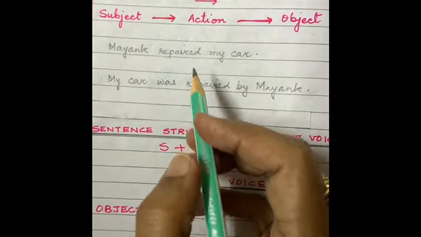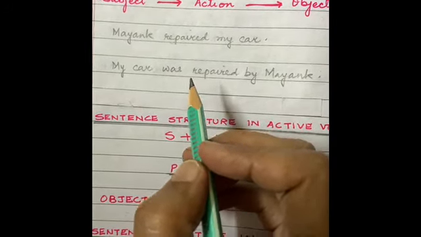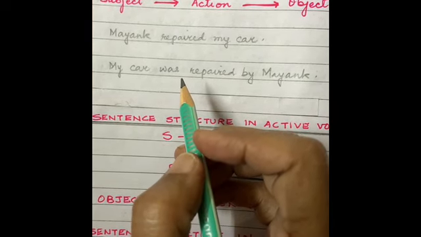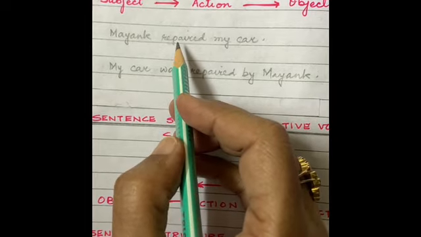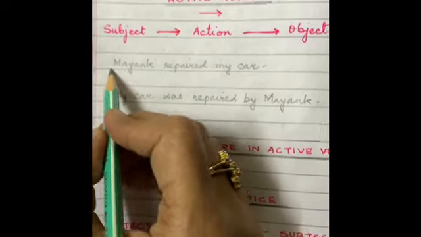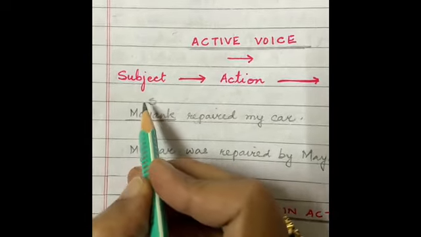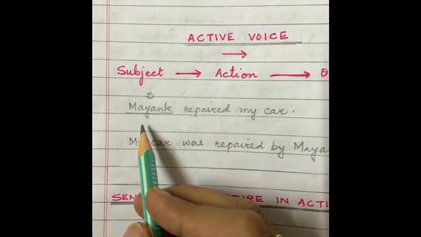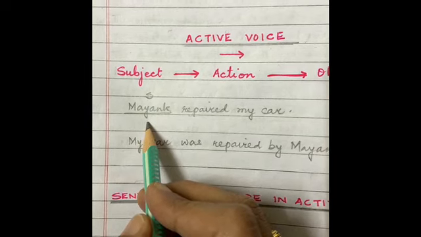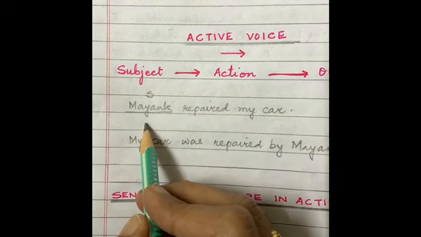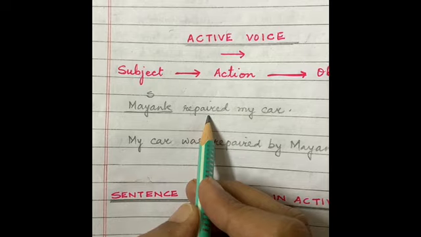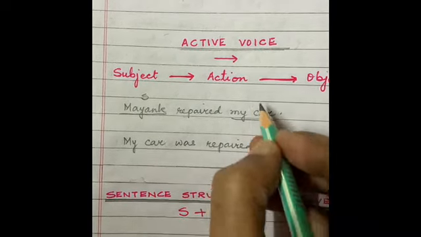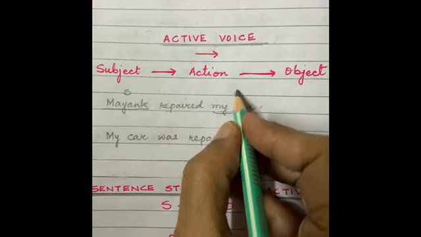Now see, both the sentences are the same in meaning, but the context changes. In the first sentence, the subject Mayank is given more importance and we get to know that he is the person who is performing the repair activity on the car, which is an object.